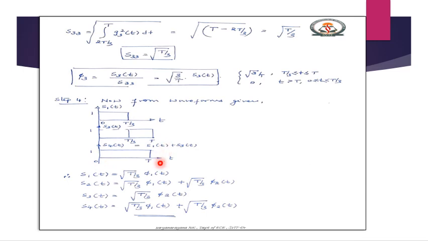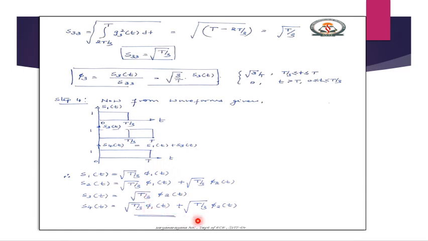So the value will be 1 when t ranges from 0 to T. Therefore s1 of t is root of T by 3 into phi 1 of t. s2 of t is root of T by 3 into phi 1 of t plus root of T by 3 into phi 2 of t. And s3 of t is root of T by 3 into phi 2 of t. And finally s4 of t is root of T by 3 into phi 1 of t plus root of 3T by 3 into phi 2 of t.